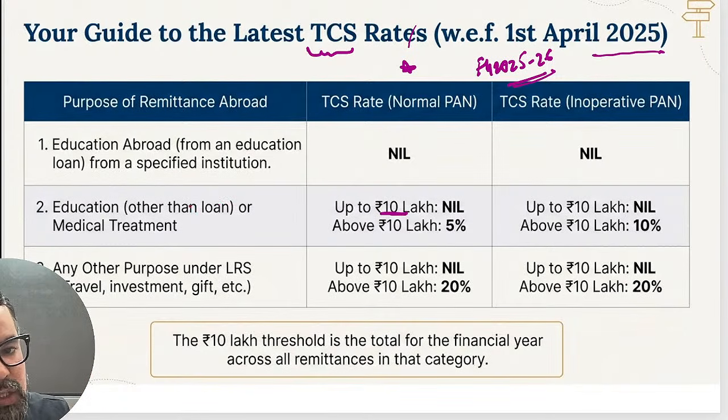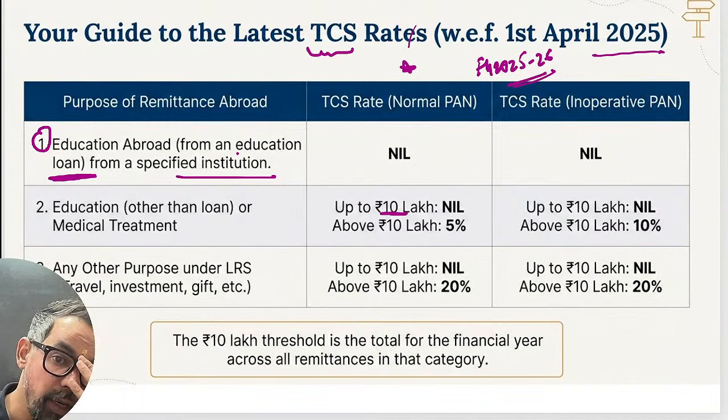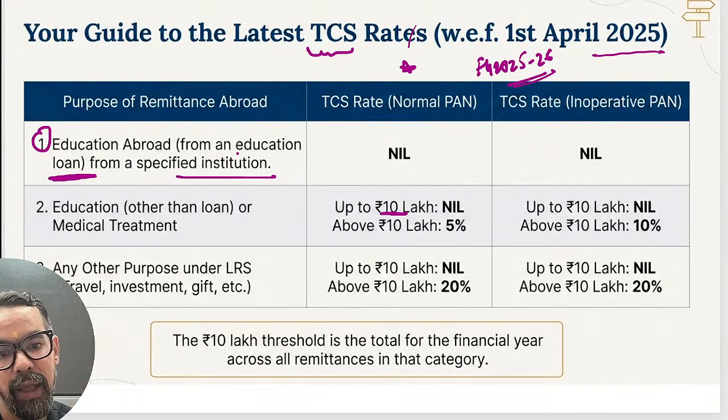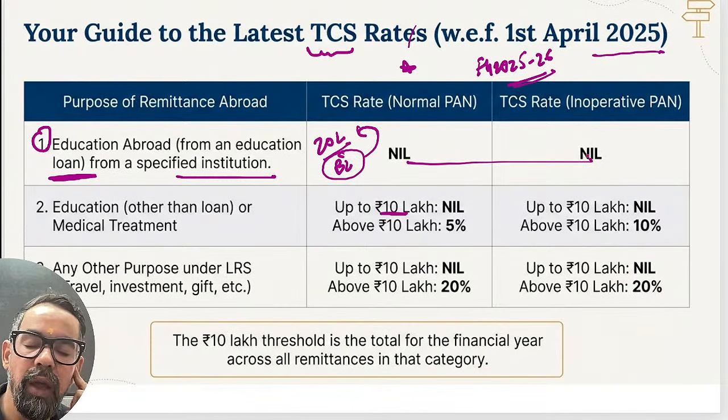So three major rules. One is education abroad, when you have taken a loan from an institution. If a person is going abroad for education and has taken a loan from the bank, let's say he remitted 20 lakh and this is funded by the bank loan, you do not have to pay any taxes on that.